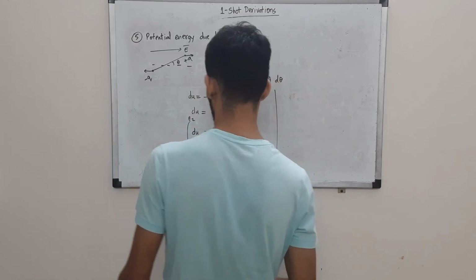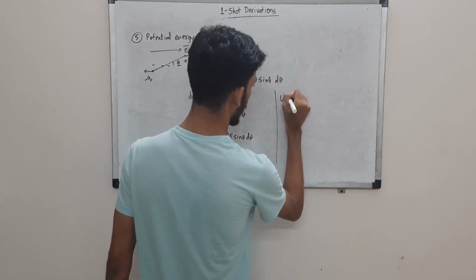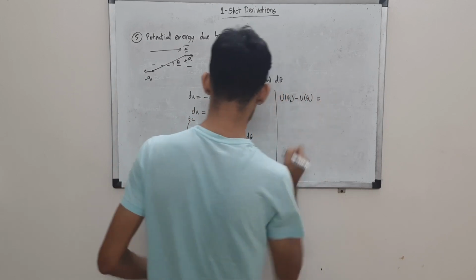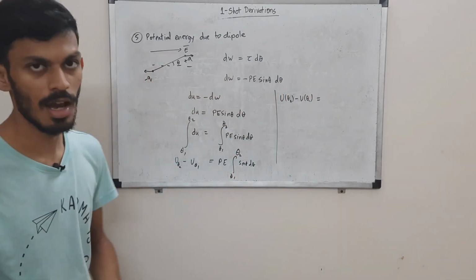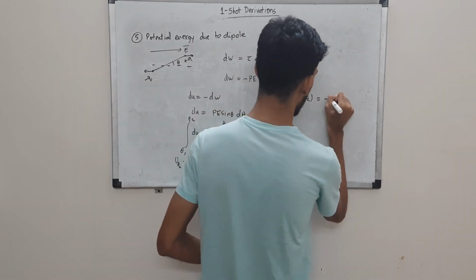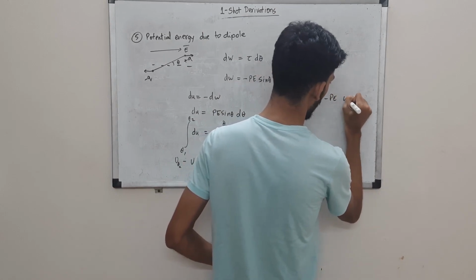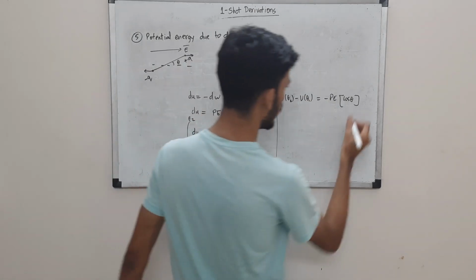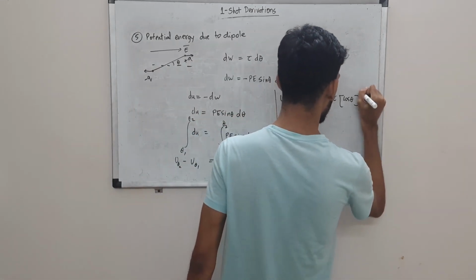So this is potential energy at theta 2 minus potential energy at theta 1, and the integration of sin theta is minus cos theta. So this is minus P E cos theta, with the integration limits from theta 1 to theta 2.